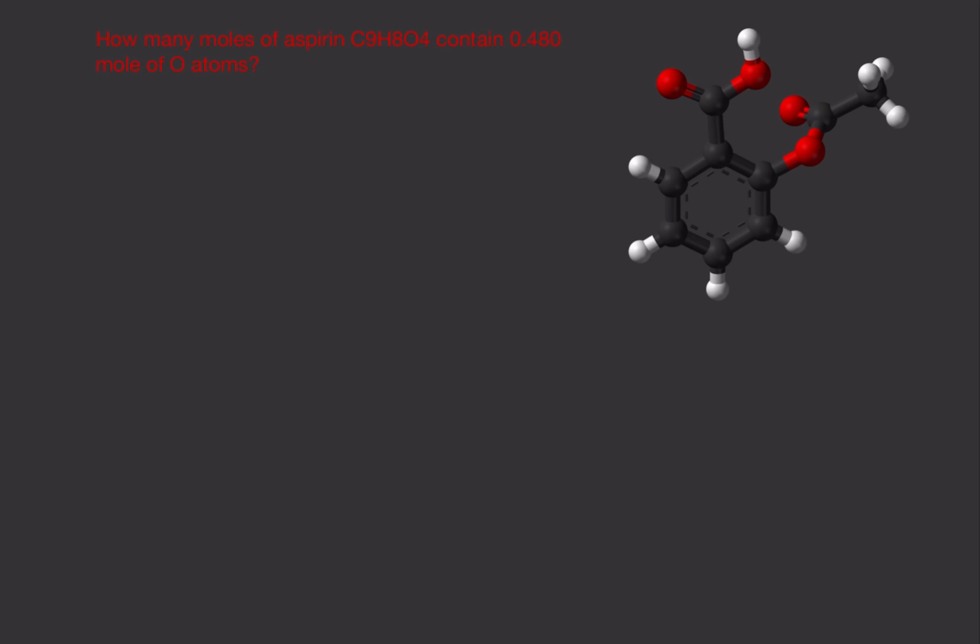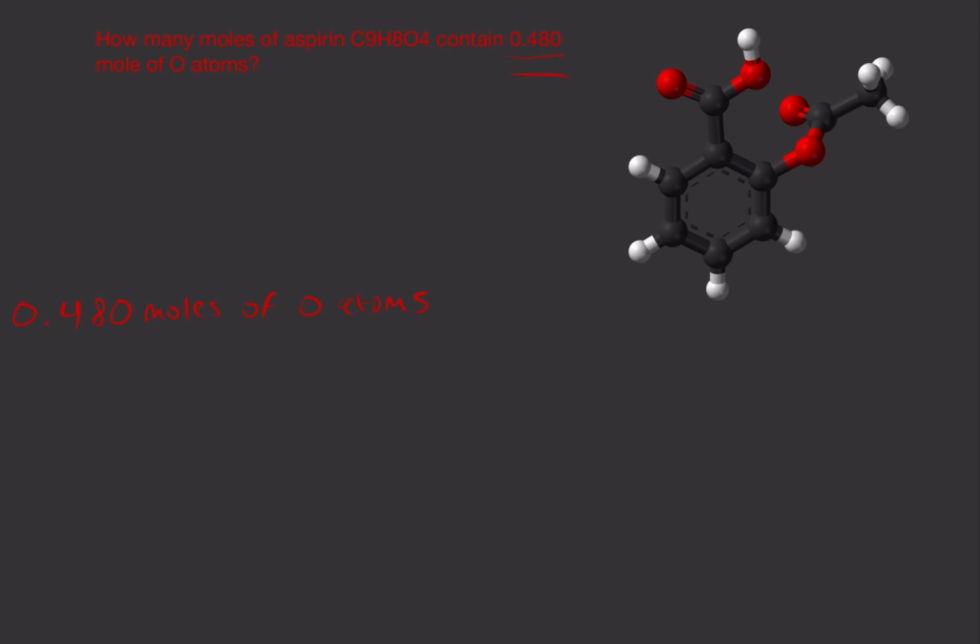Let's start with our given. The given value we have is 0.480 moles of oxygen atoms. And I may have to move this down just a bit, so we just have more space, right?